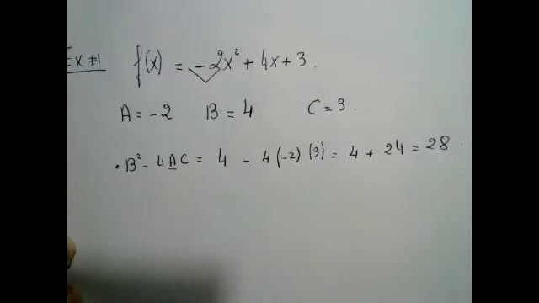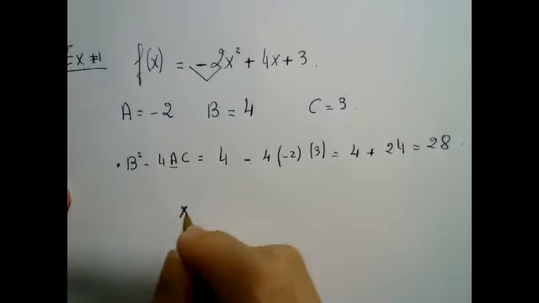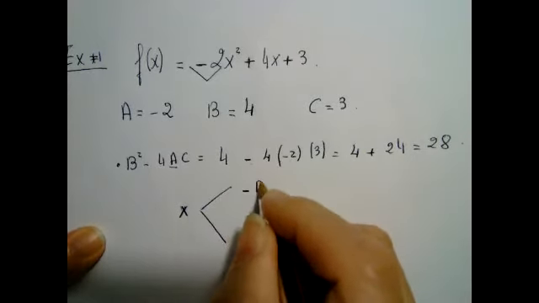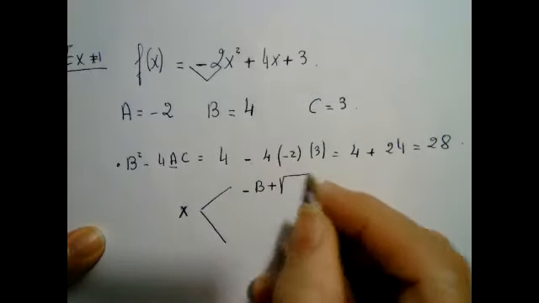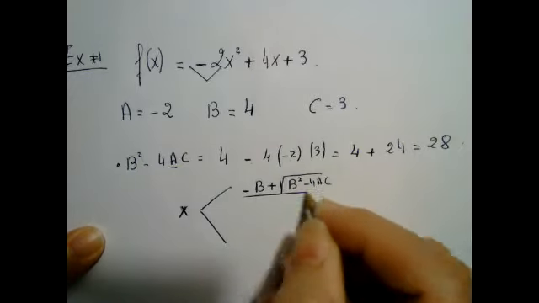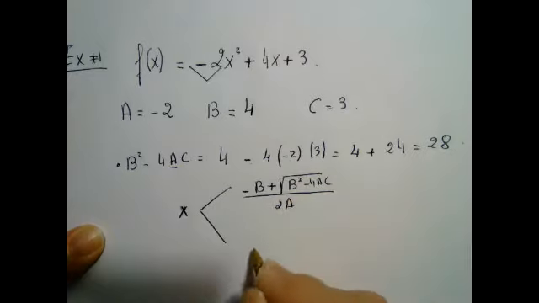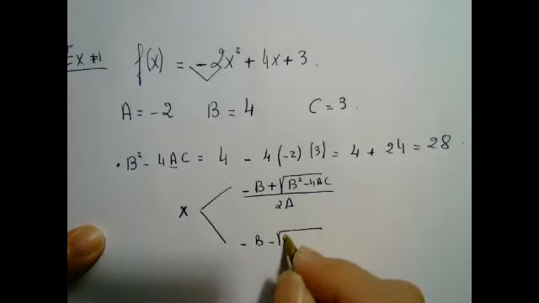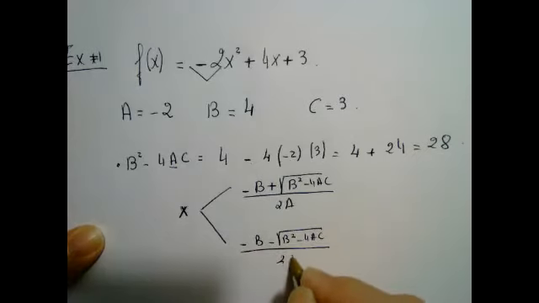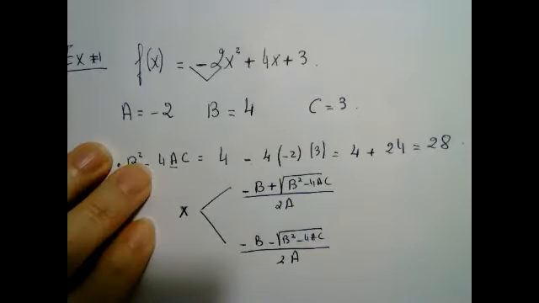So the solutions are: one is minus b plus the square root, and then we substitute everything over 2a. And the other one is minus b minus the square root over 2a.